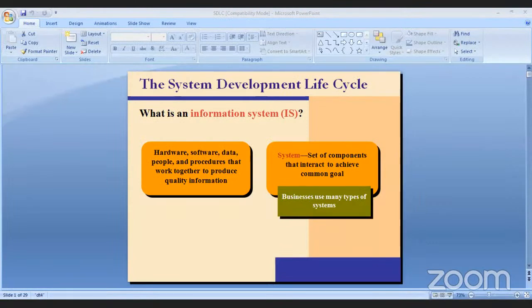Now, as I told, the SDLC is System Development Life Cycle.